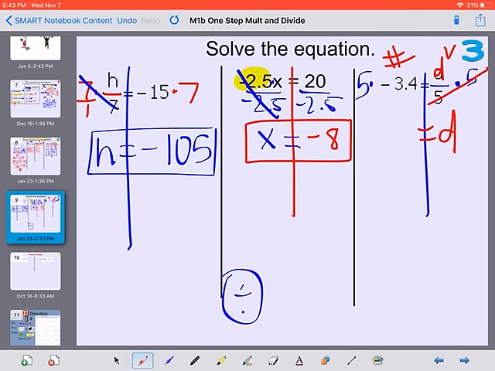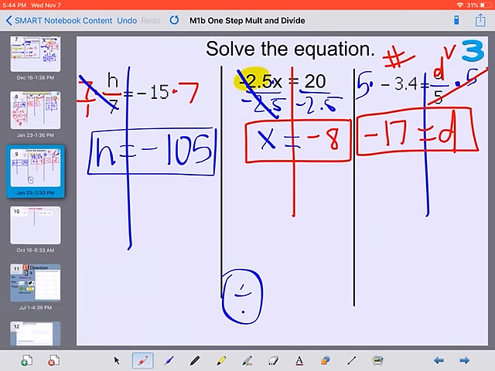And we have D. I know my answer is going to be a negative. If you want, you can do 5 times 3 and then 5 times 0.4. Or just plug it in your calculator. 5 times negative 3.4. And we get a nice 17, negative 17. It won't always be a nice number. Sometimes we may get a decimal.